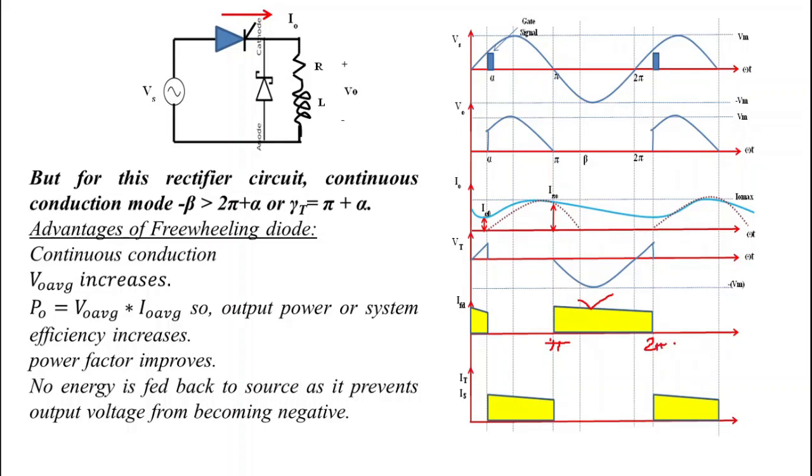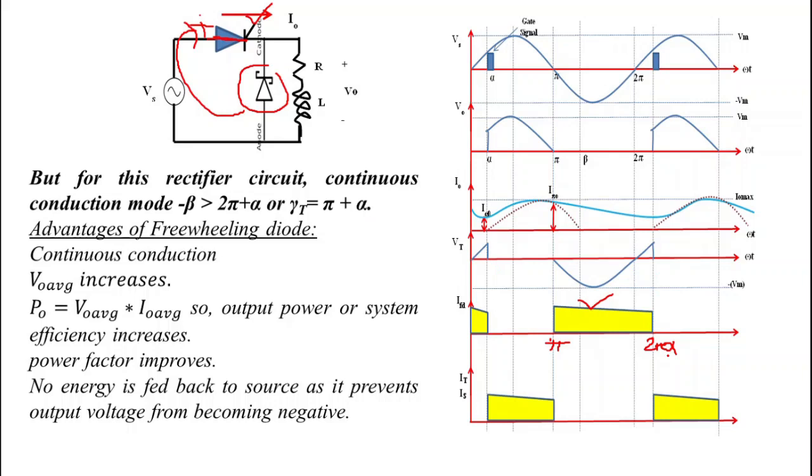After 2 pi plus alpha, this thyristor is again triggered. When this thyristor is triggered, then this thyristor goes into forward conduction mode. When this thyristor goes into forward conduction mode, it acts as short circuit, and this diode is reverse biased. So after 2 pi plus alpha, this output current I0 again shifts from this freewheeling diode to this SCR.